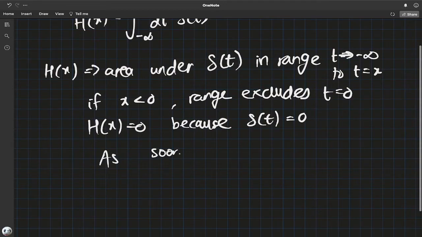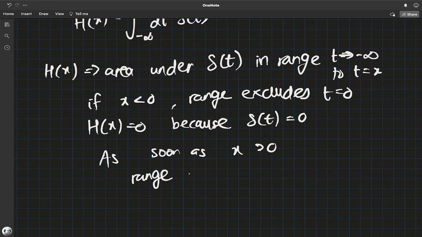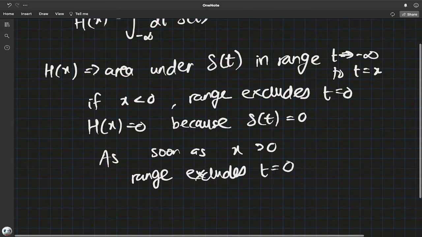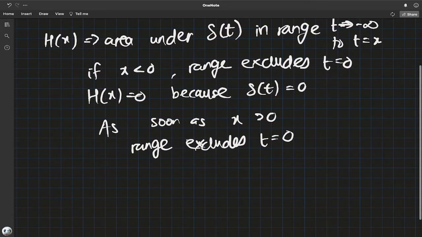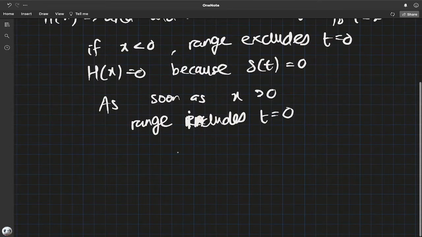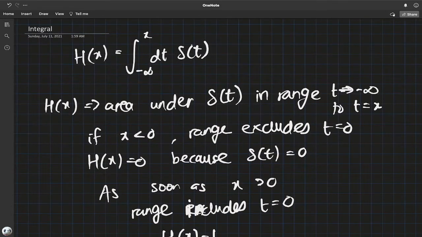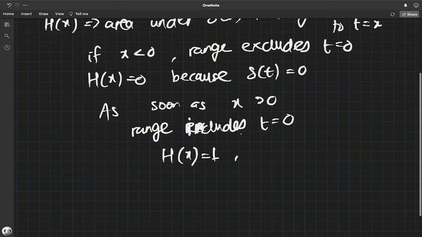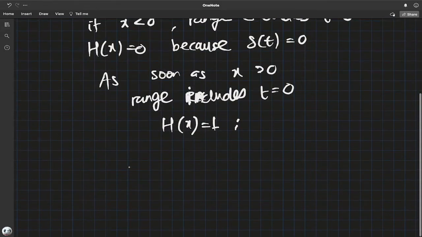Well, as soon as x is greater than 0, the range includes, my bad, includes t equals 0. When that's the case, h of x is 1, because the integral of the delta will be equal to 1, just because of the definition.